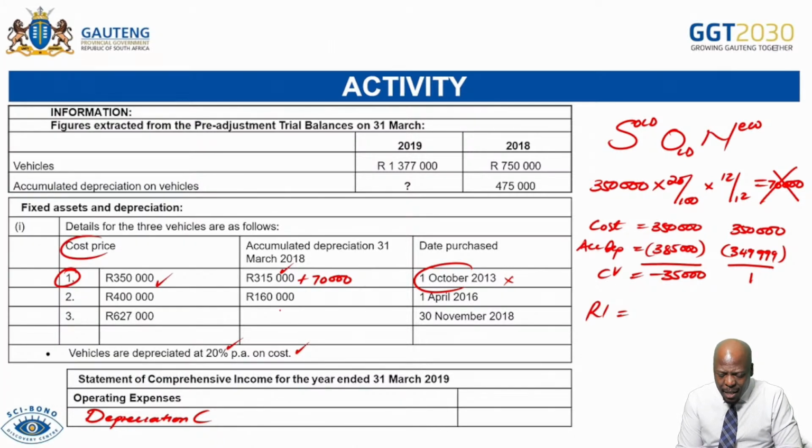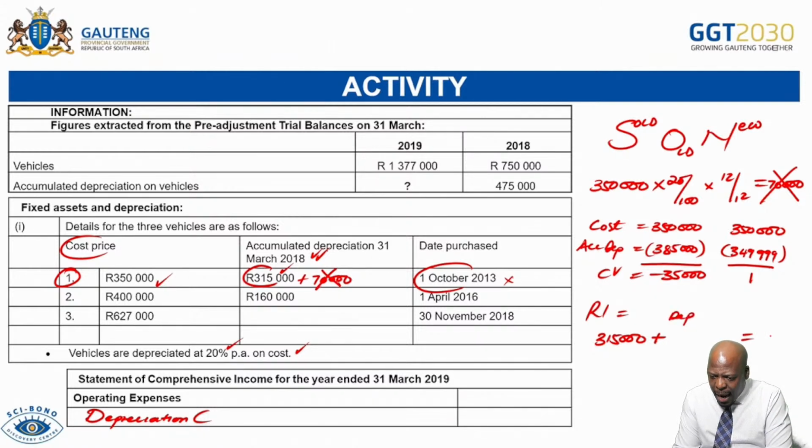So it means if that 70 is wrong and I now have 349,999, how much am I going to add to the 315? Because remember, I already have 315,000, which is my accumulated depreciation. I must come and say plus depreciation, such that at the end I have 349,999.